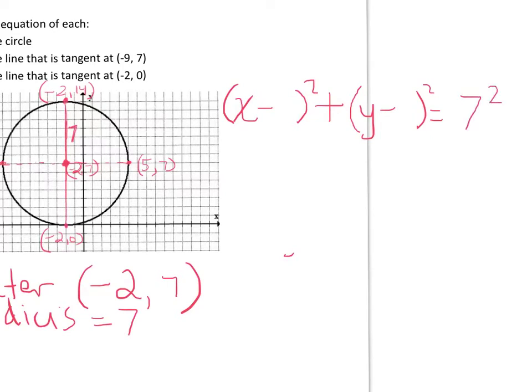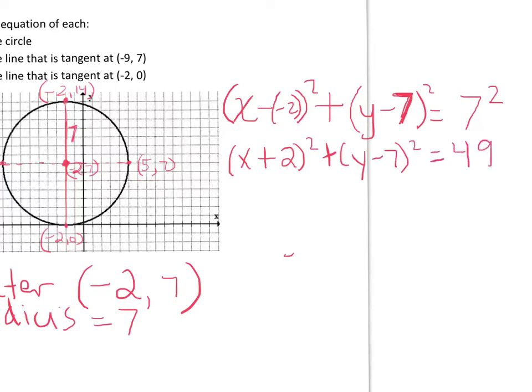The input of the center is -2. The output of the center is 7. And so our equation is (x + 2) squared plus (y - 7) squared equals 49.